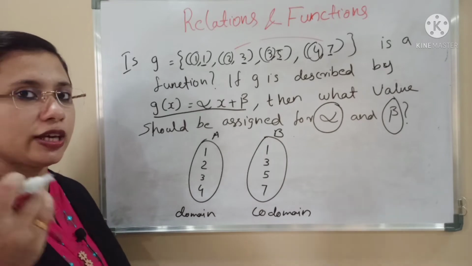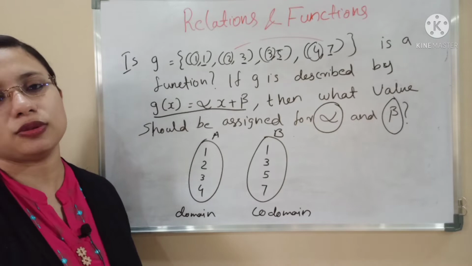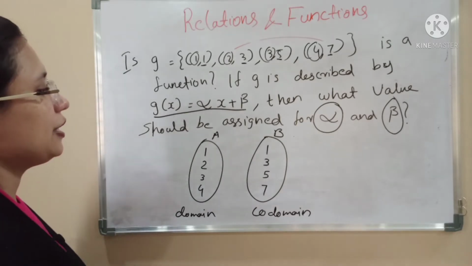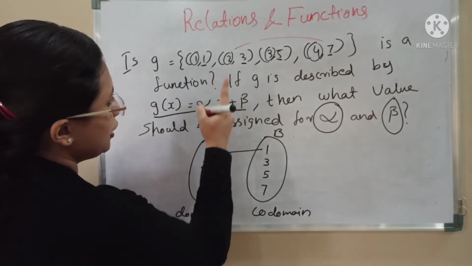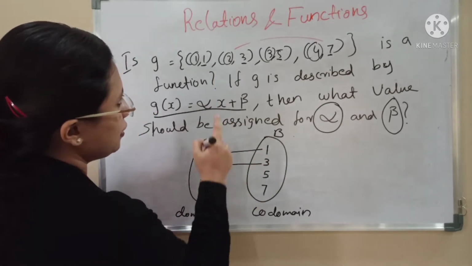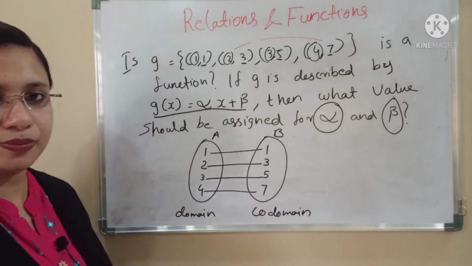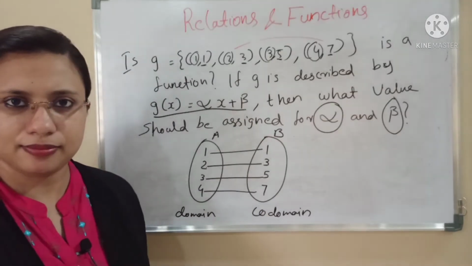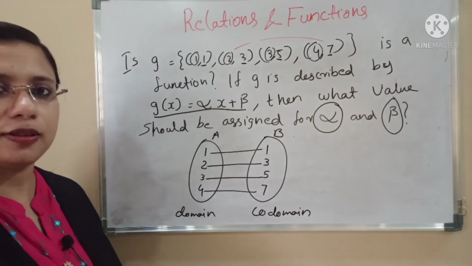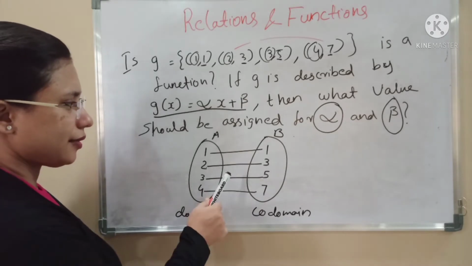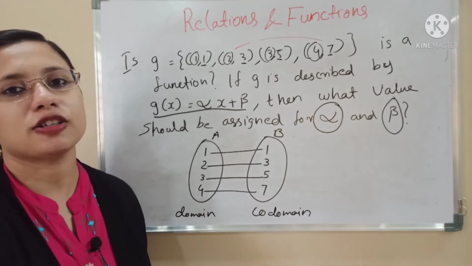To get clarity on the difference between relation and function, please go through the previous class. So 1 is related with 1, 2 is related with 3, 3 is related with 5, 4 is related with 7. Is it a function or not? We can say it is a function.